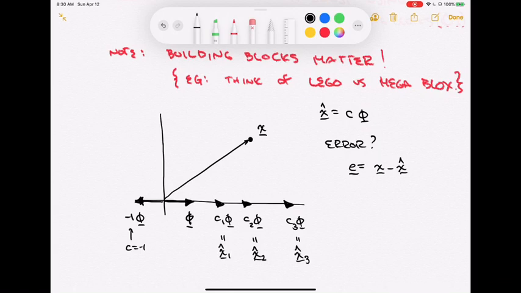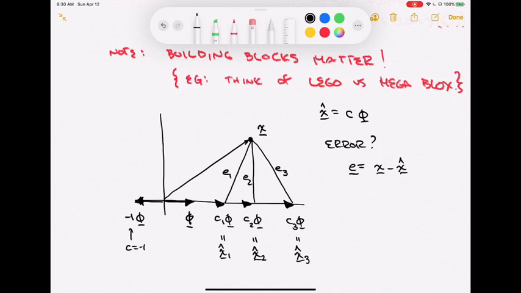If I take x minus x hat 1, for example, we get this piece right in here. If you take x minus x hat 2, you get this other piece. And if you did it again for the third one, you would get this other piece sitting in there. So this is my error 1, this is my error 2, and this is my error 3.